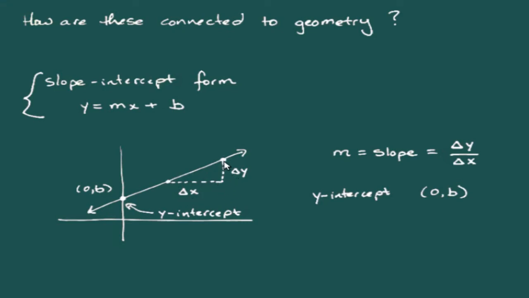The change in y is how far we have to move vertically. And the slope is then just the ratio, the fraction of the change in y divided by the change in x. So geometrically, m is telling us the slope of the line, and (0, b) is telling us what the y-intercept is.